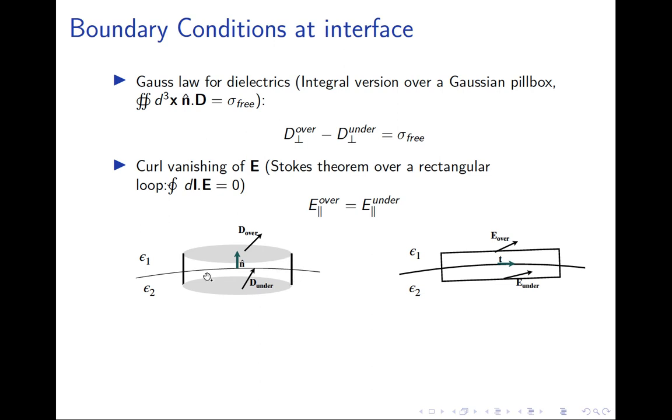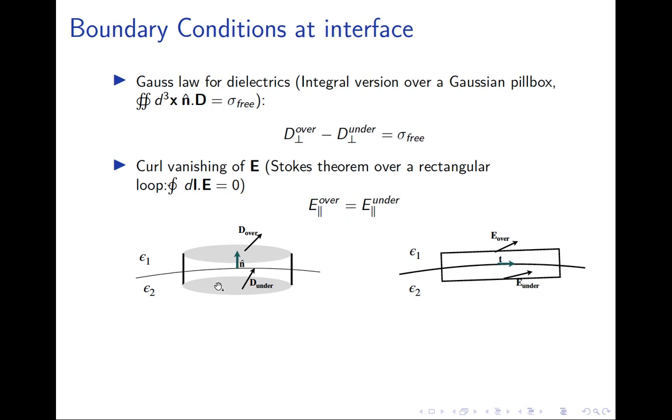And you apply Gauss's theorem to such a pillbox-shaped surface. Now the surface has three contributions: the top surface of the cylinder, the bottom surface of the pillbox, and of course the single lateral vertical side of the cylinder.